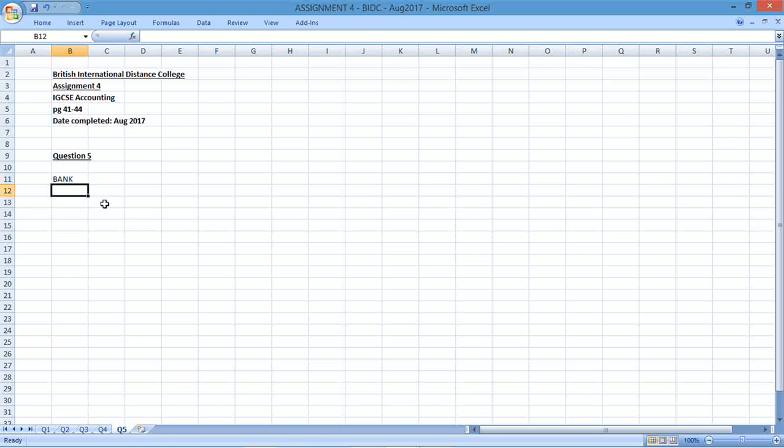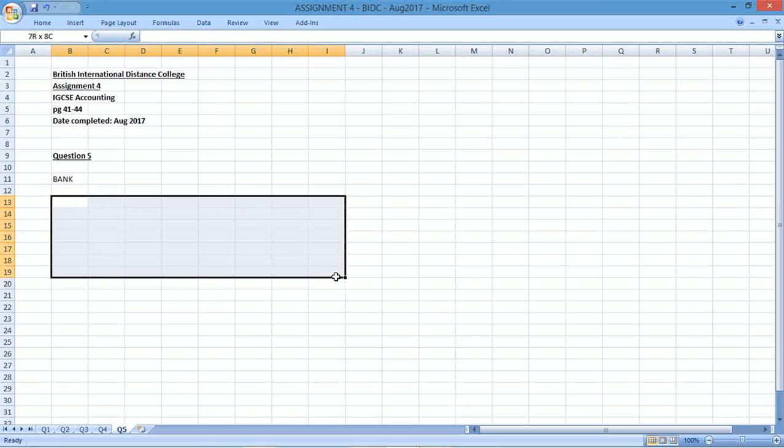With the bank recon, you're obviously going to have cash books, so cash receipts and cash payments, and I'm going to draw up a T account as well. So let's first draw up a T account for bank.